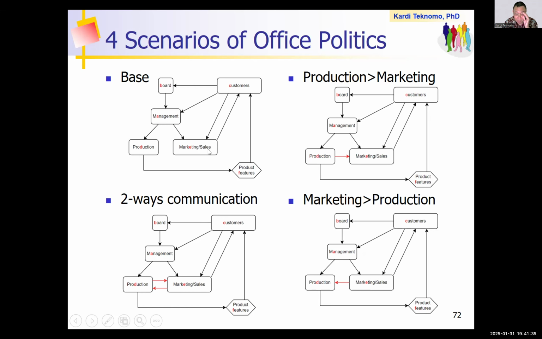Now we want to know whether the product feature should be production department influencing the sales, or actually the sales influencing the production, or actually they need to communicate. And from here you can actually calculate which one is better. In power dynamics we will discuss this in more detail later on.